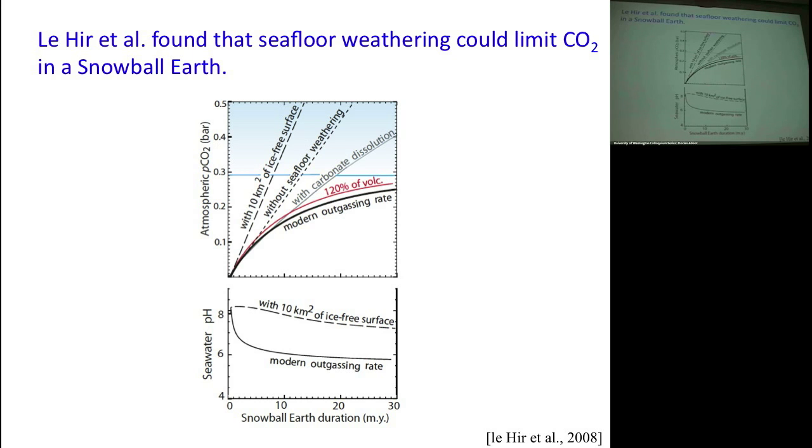And Guillaume Le Hir considered this problem for the snowball, and he actually found that seafloor weathering in his model was so high that he could only get a couple tenths of a bar of CO2, and that was potentially a problem for escaping from the snowball. So there's clearly some uncertainty in terms of these seafloor weathering parameterizations. But suppose we find out that it's strong, that there's a strong dependence on CO2. This could really kill the outer edge of the habitable zone.